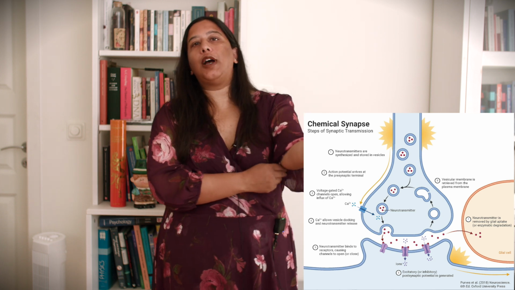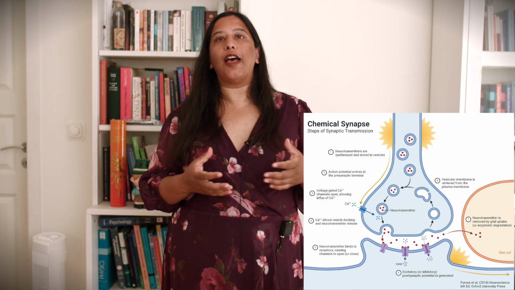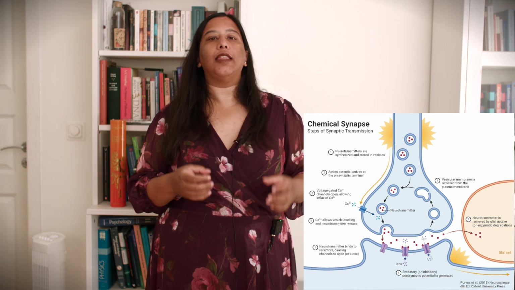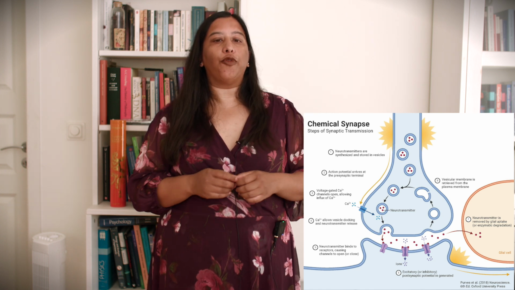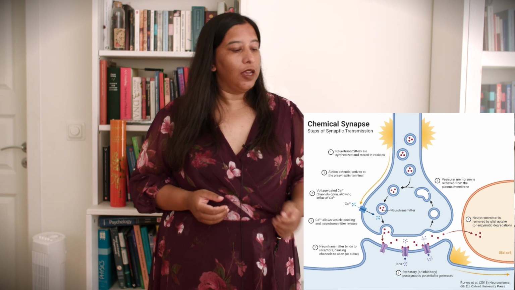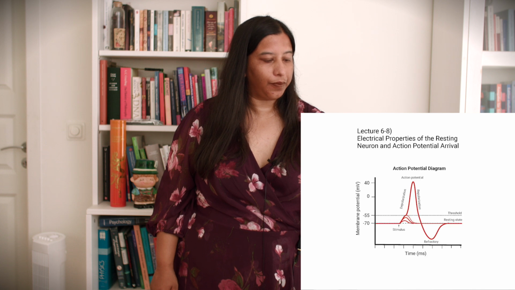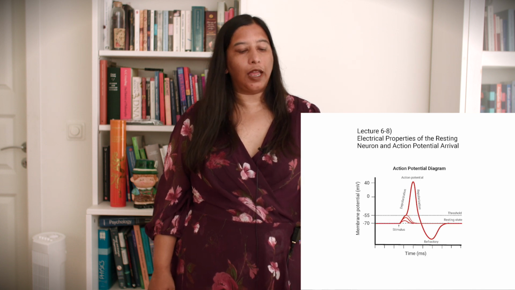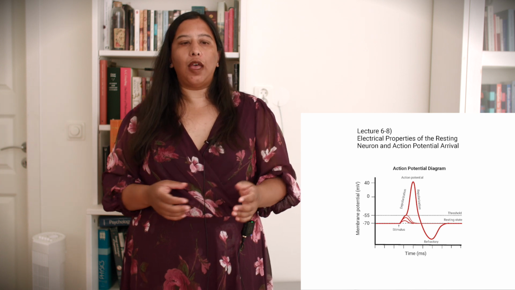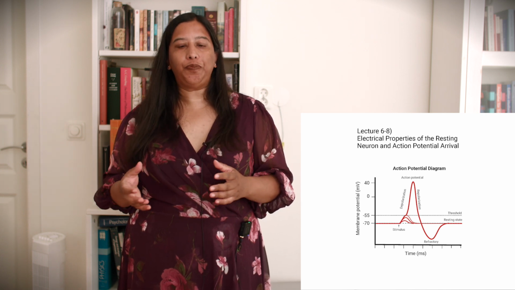So it is only once the vesicles have traveled down to the presynaptic membrane that the action potential can perform its function on the vesicles. So in the next step, the action potential travels down to the presynaptic terminal. And in the following steps, this force will drive the neurotransmission.